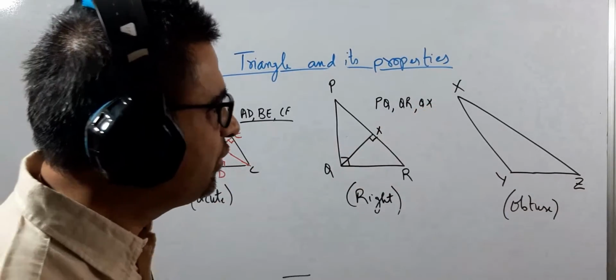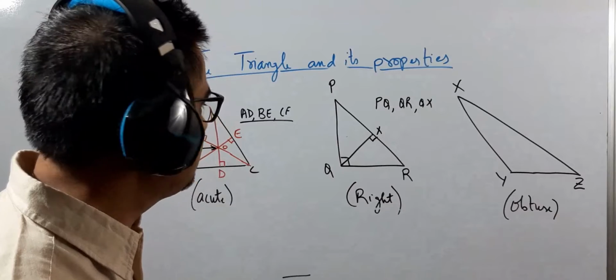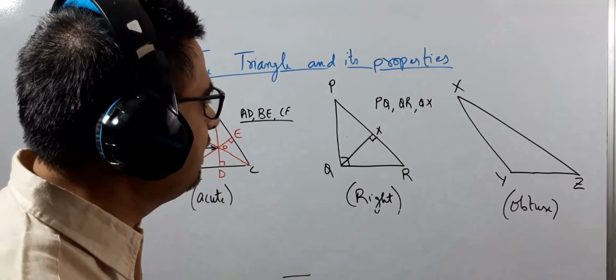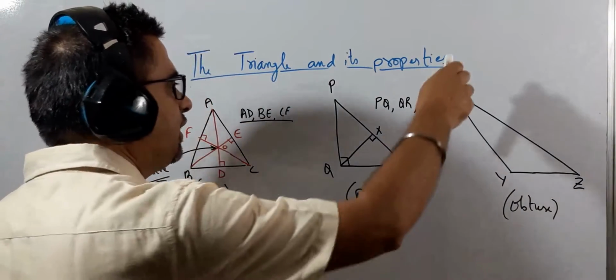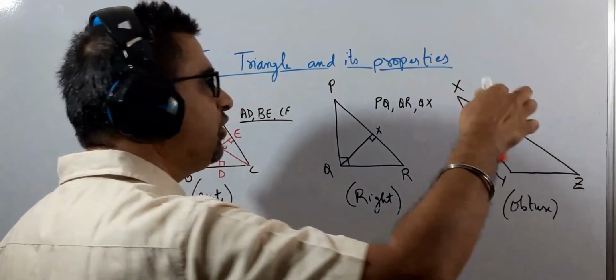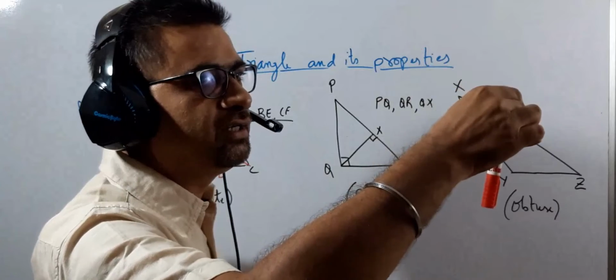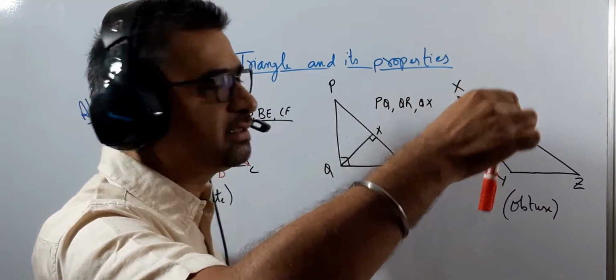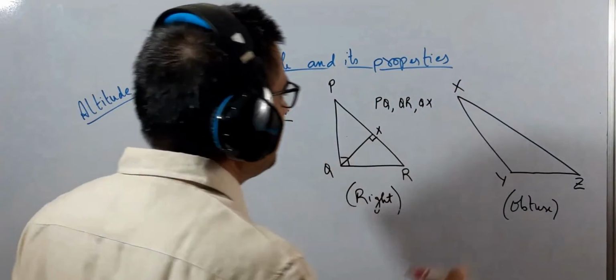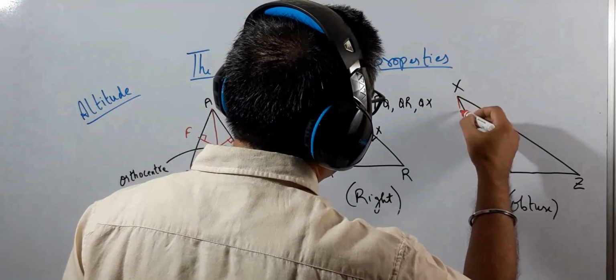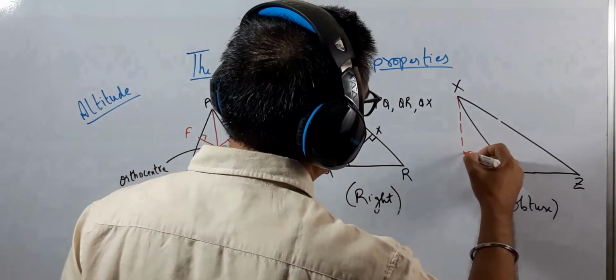Now come over to this triangle, which is an obtuse angled triangle. Now in this case, if we are to draw an altitude, so mind you, an altitude is a perpendicular distance. It's drawn vertically down. This is what a height is, isn't it? So in this case, if I am to draw an altitude, I would be drawing it this way.